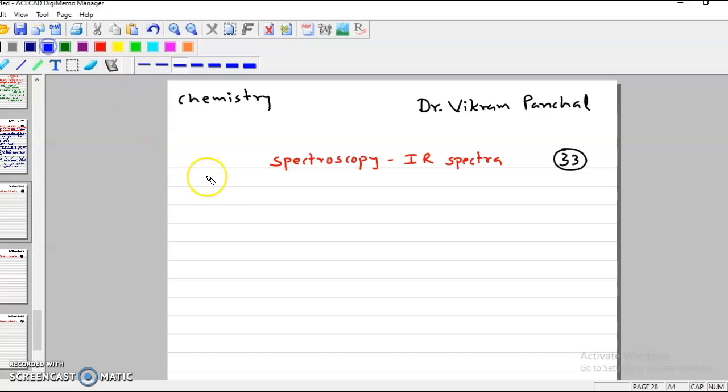Second type of band is known as sharp band, which will be like this. Okay, it looks like knife.